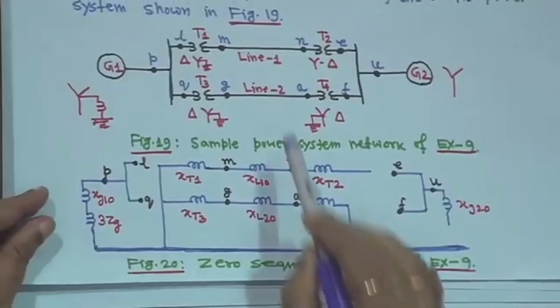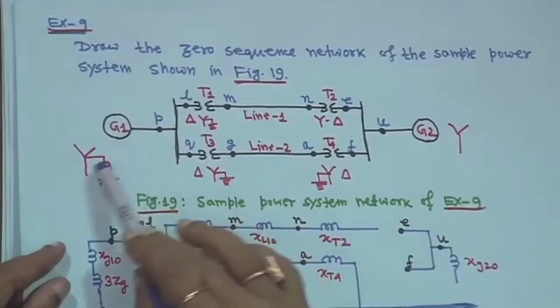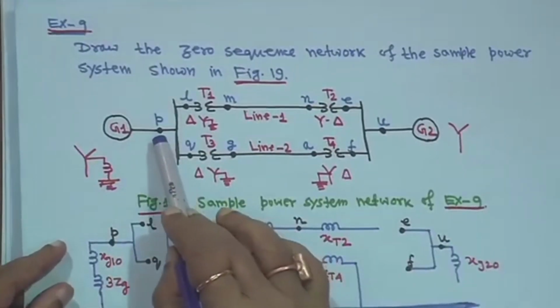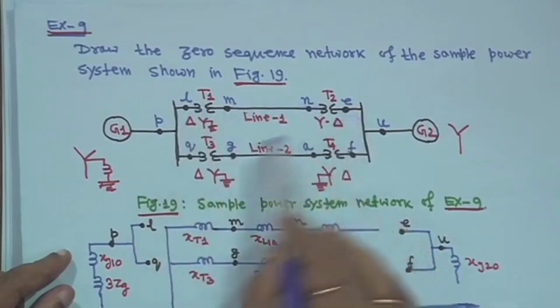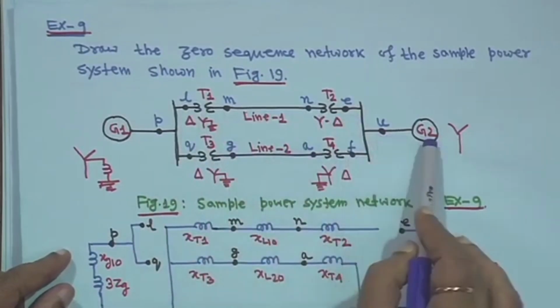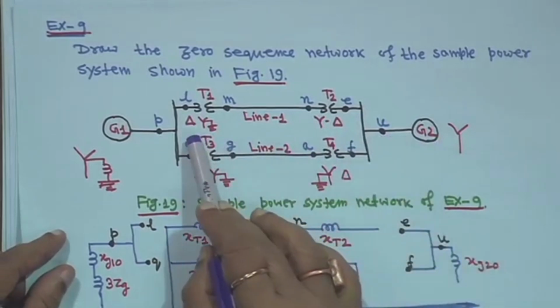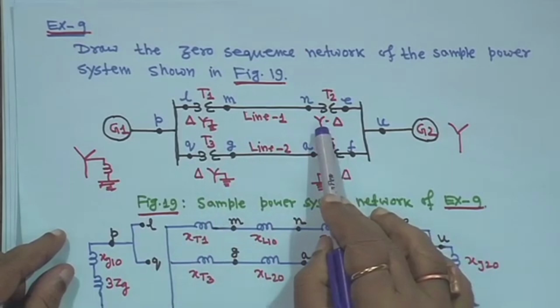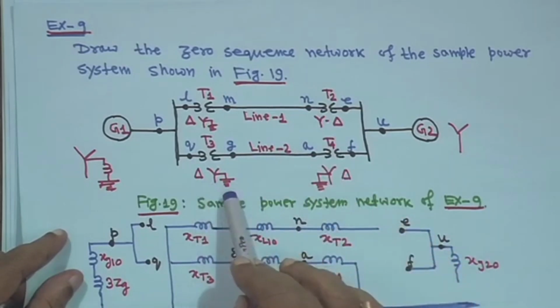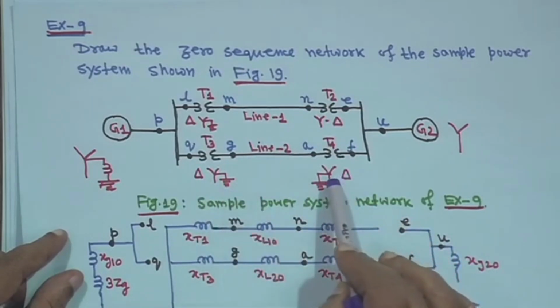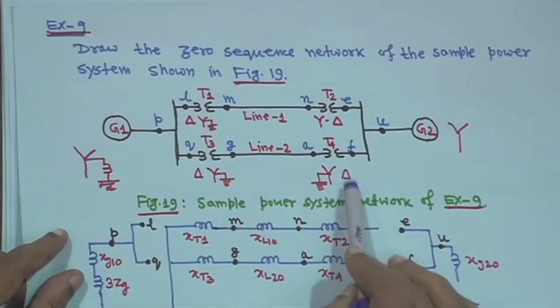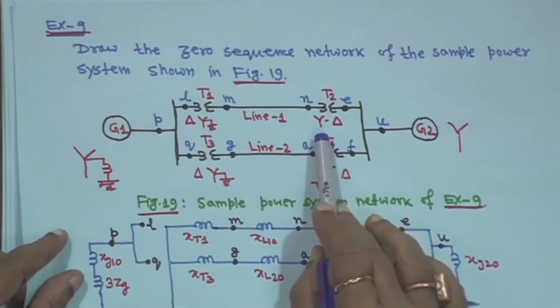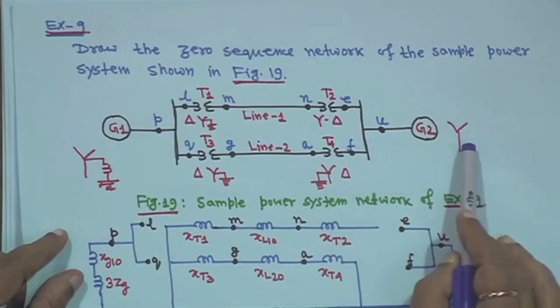You have a generator, star grounded, and points marked P, L, M, N, E, Q, G, A, F, U. I have marked all of them, you mark your own. This is a delta-star transformer with star grounded, this is a star-delta transformer ungrounded, and here a delta-star transformer with star grounded, but here star is not grounded, and here it is star.